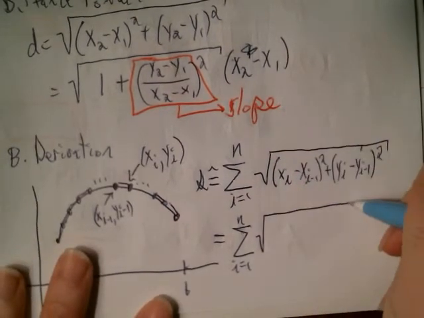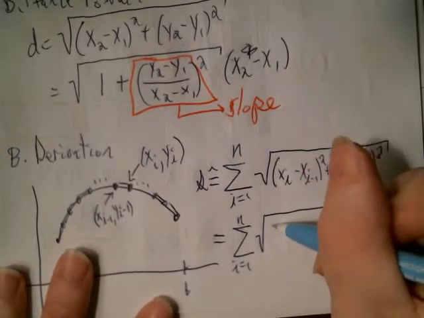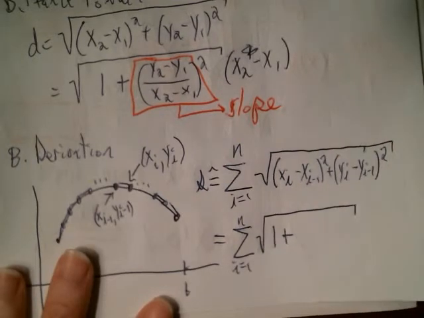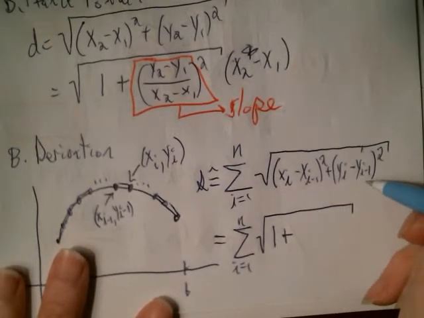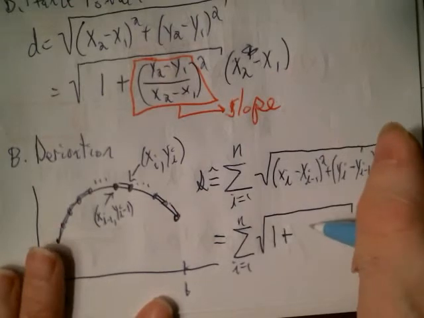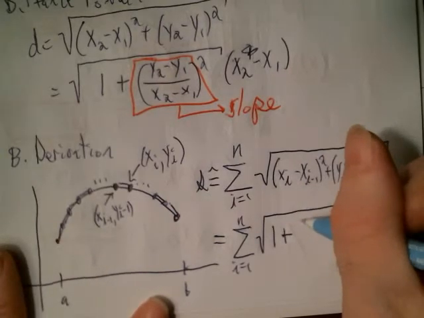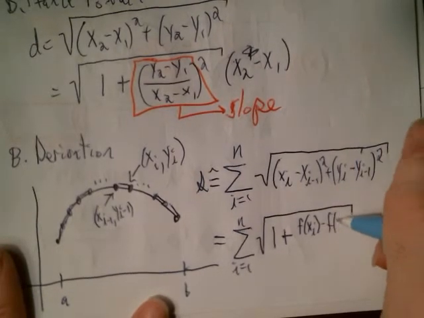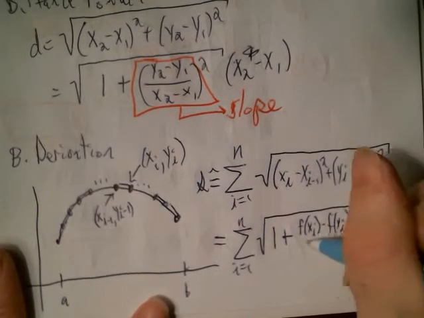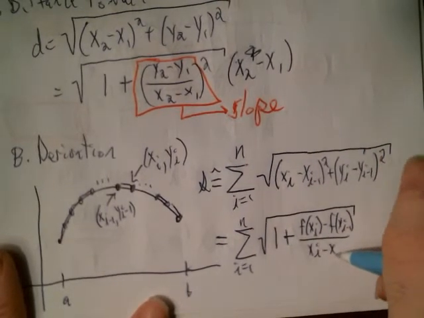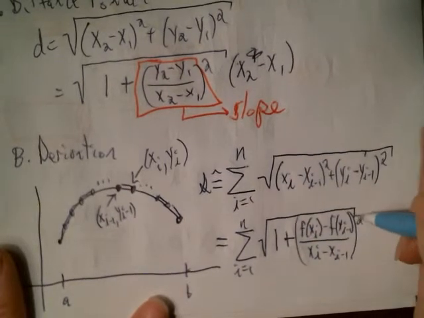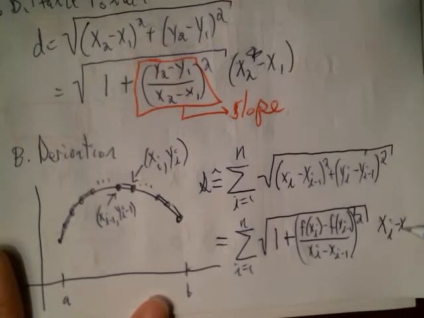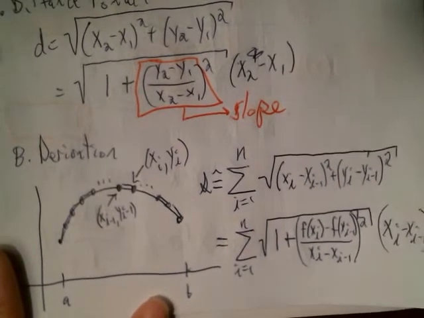I'll be left with this critter: the square root of 1 plus y sub i minus y sub i minus 1, which you could also think of as f of x sub i minus f of x sub i minus 1, all over x sub i minus x sub i minus 1, all of this squared, and then times x sub i minus x sub i minus 1 on the outside.